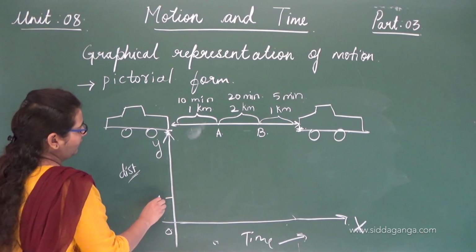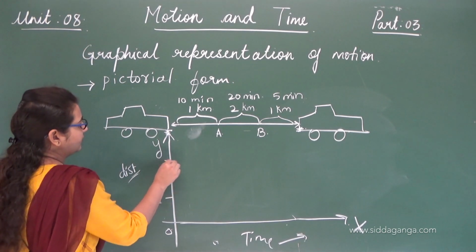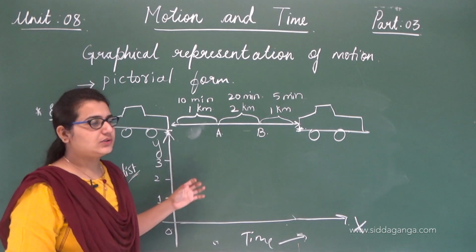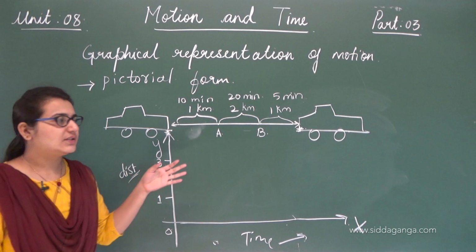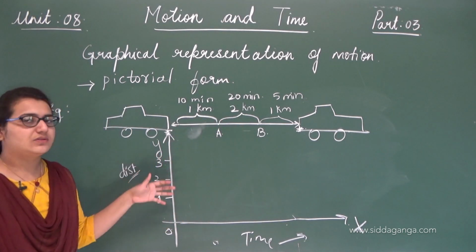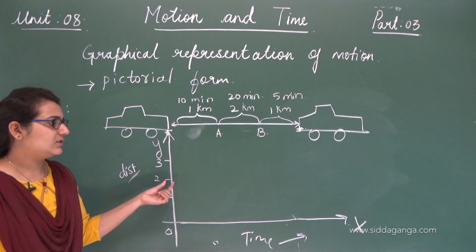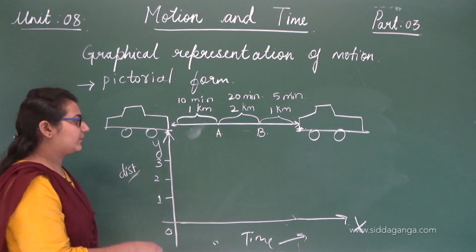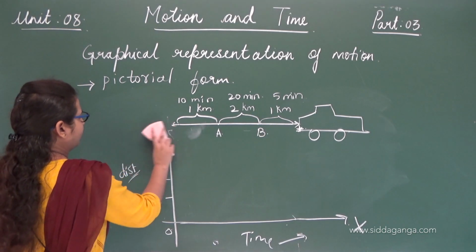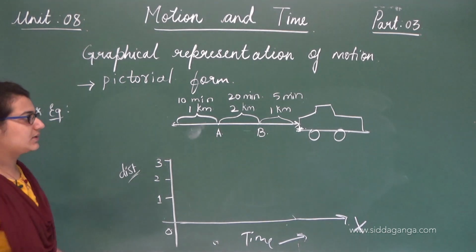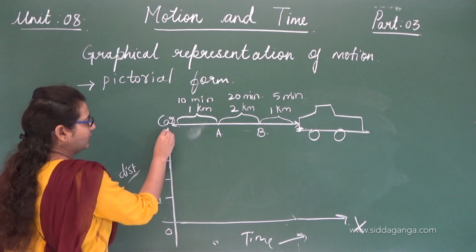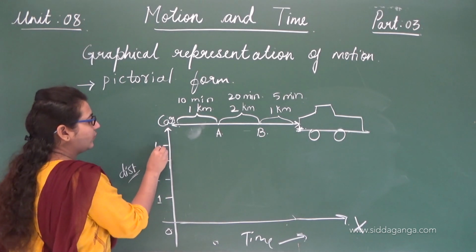Let us take 1 kilometer, 2 kilometers and 3 kilometers. Depending on the values we have, we need to put the values. We have just 1 and 2 kilometers here, so taking values up to 3 or 4 is enough. This is the car here. So here we take a few values.